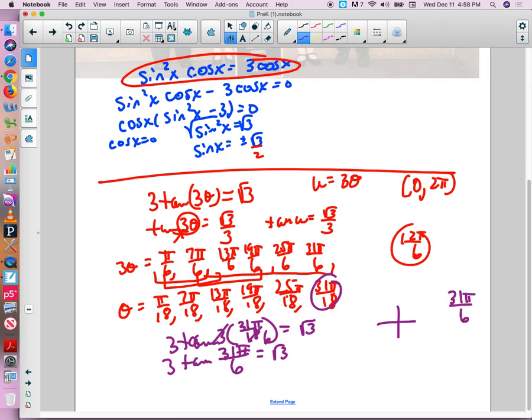The closest multiple of 6 to this is 30, which gives me 5 pi. 5 pi lands over here, and 31 actually goes one more pi over 6 into the third quadrant, which gives me square root of 3 over 3 positive. And so it does work.